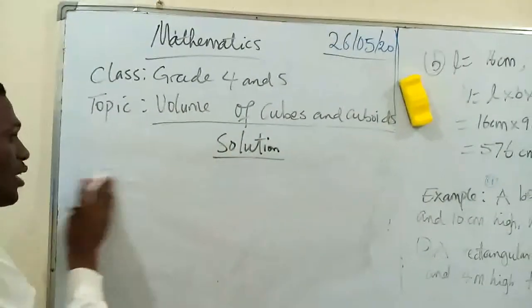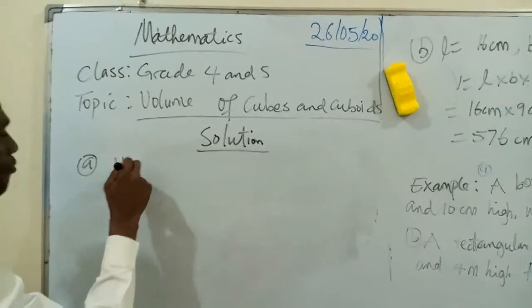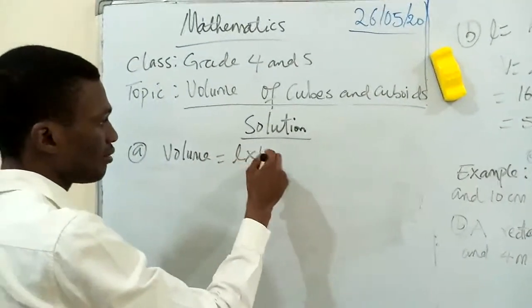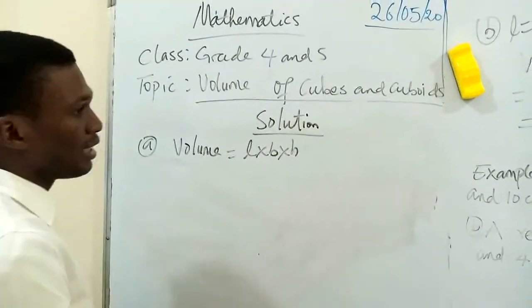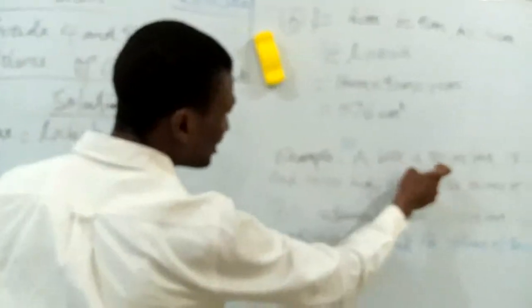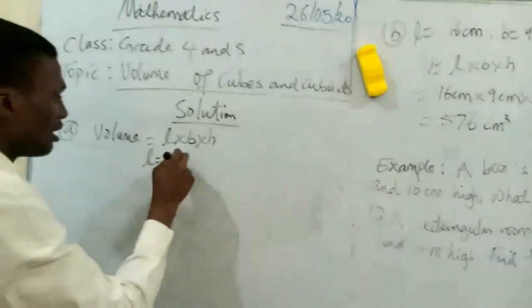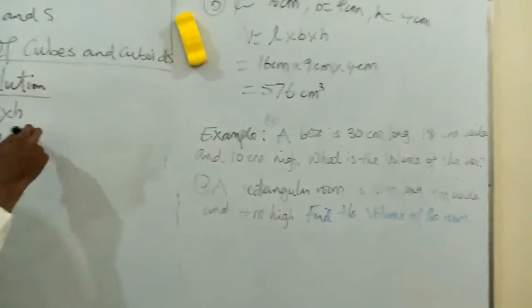Of course, we were given a formula. Volume of the box, we have length times breadth times our height. You can see that the box is 30 centimeter long. This is the length, 30 cm long. So our length is 30 cm. 18 centimeter wide, that's the breadth.